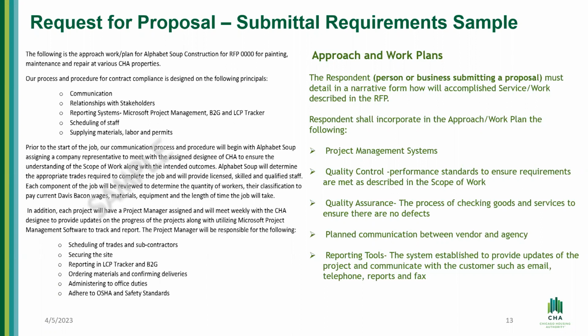Reporting tools are what software you will use to schedule your staff or to track and report. An example could be Microsoft Project, emails or forms. So it's what system or software you want to use to report your progress.